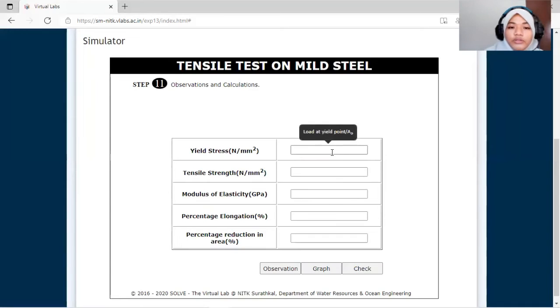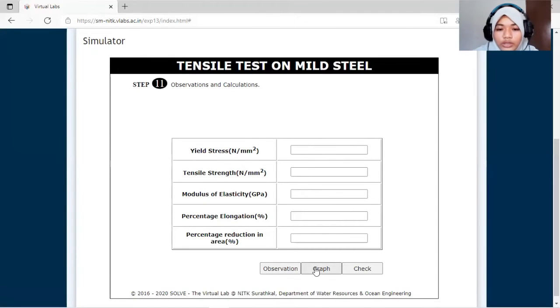So for the observation and calculation, we will calculate yield stress, tensile stress, modulus of elasticity, percentage elongation and percentage reduction in area. To calculate yield stress, it is load at yield point over AO.